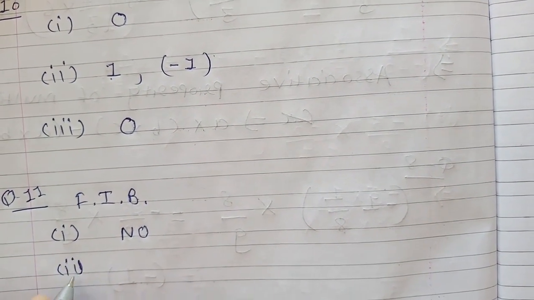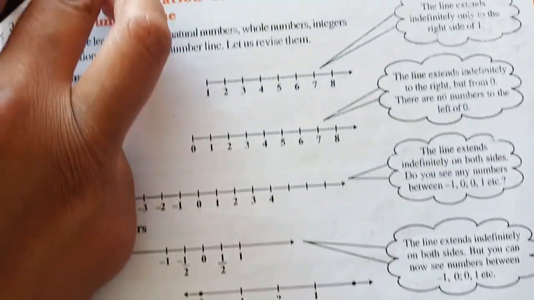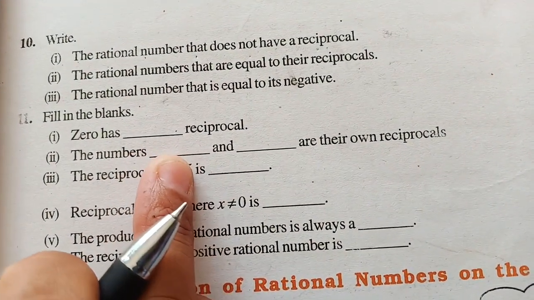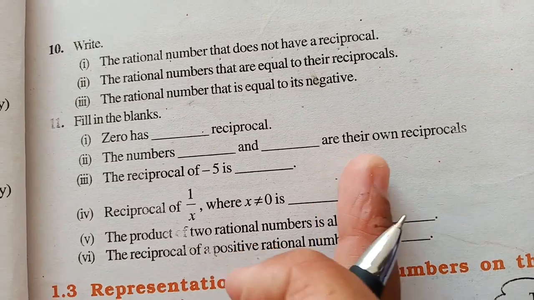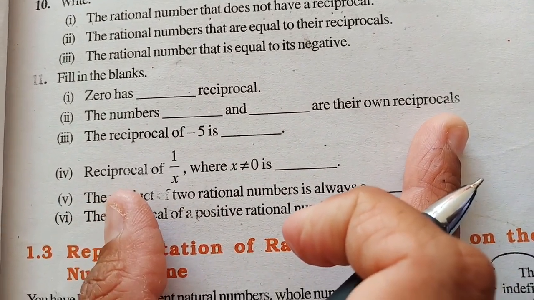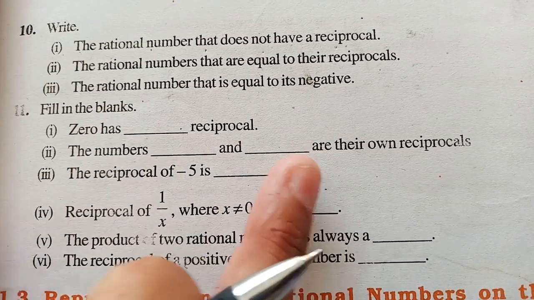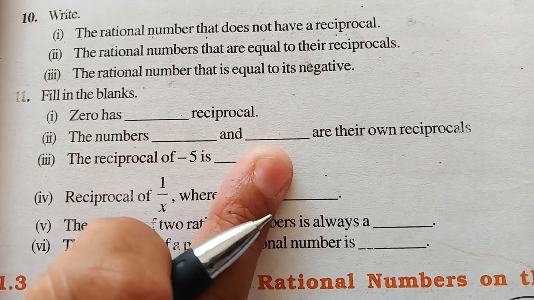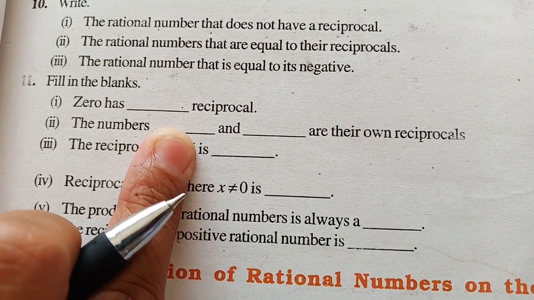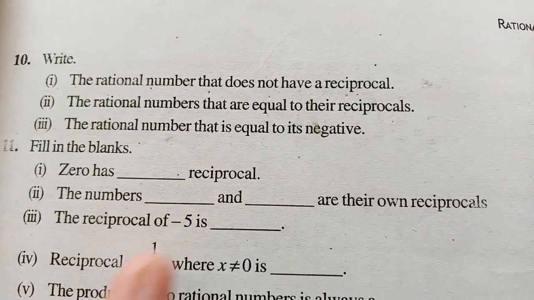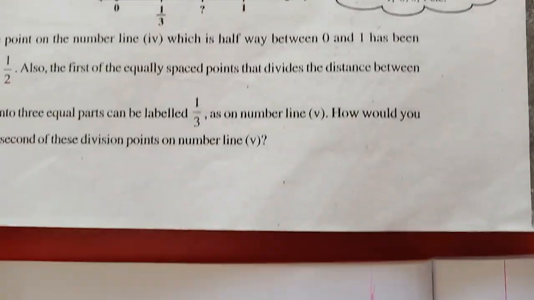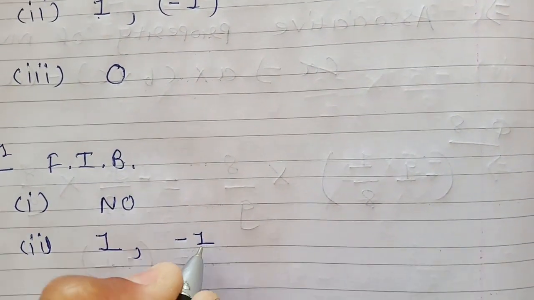After that, the second blank: the numbers which are their own reciprocals. We already learned that too. So which two numbers? 1 upon 1 and 1 upon -1 give the same answer. So our answer is 1 and -1.